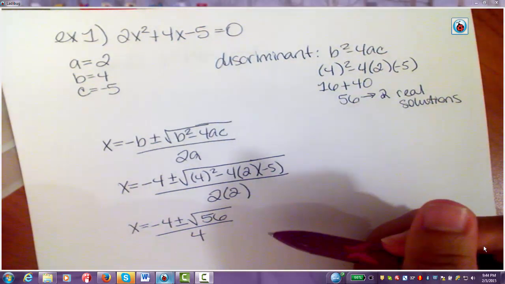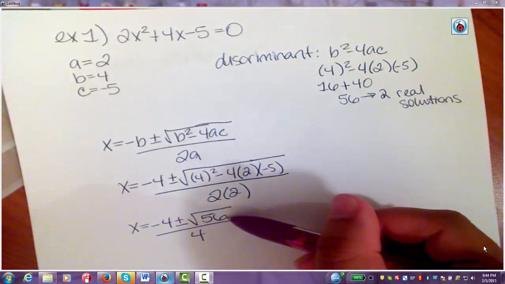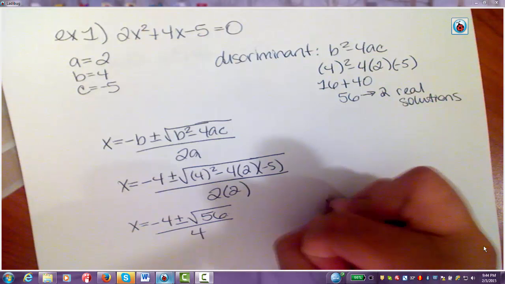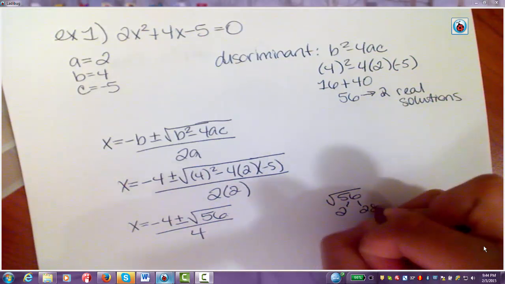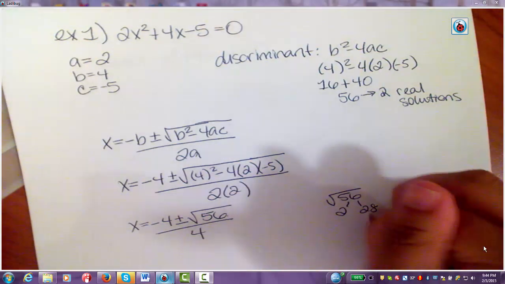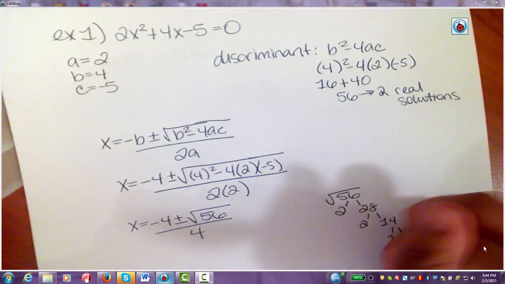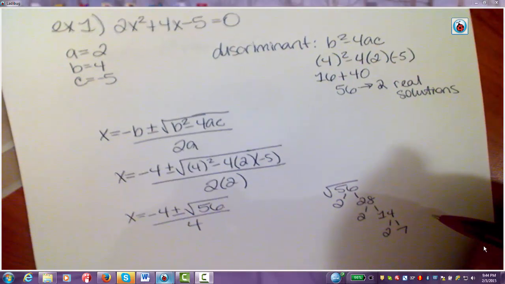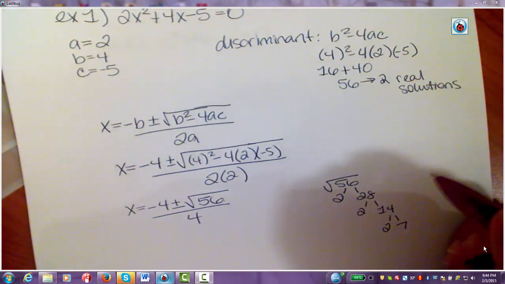A lot of you are probably thinking you're done now, but we have to see if we can factor 56 to simplify the radical. So 56 breaks down to 2 times 28. 28 breaks down to 2 times 14, and 14 breaks down to 2 times 7. Remember, when we take the square root of something, we're looking for pairs of a factor that we can take out.